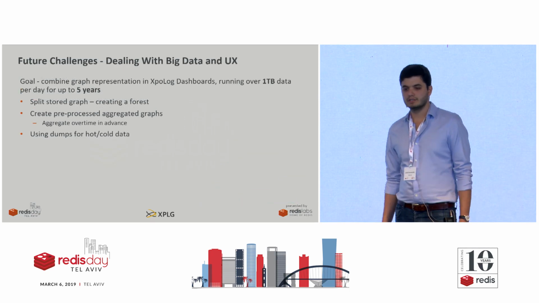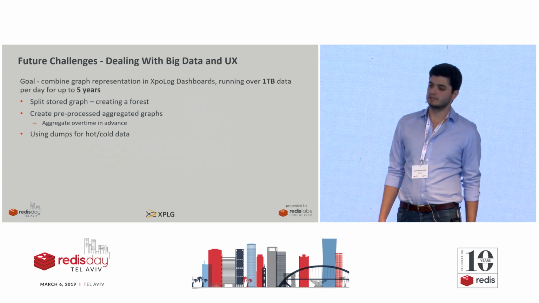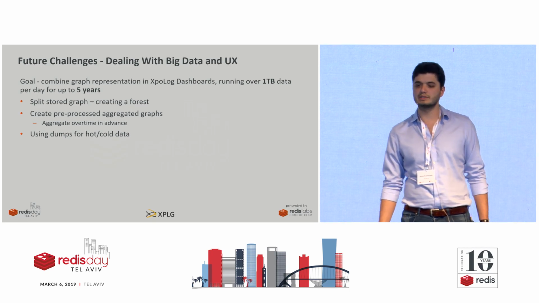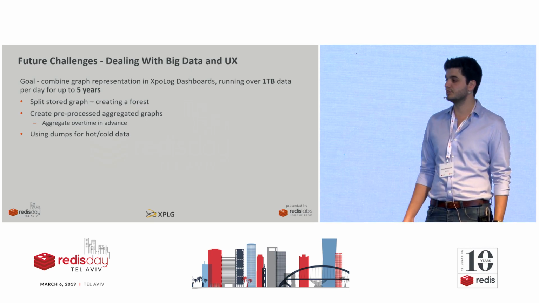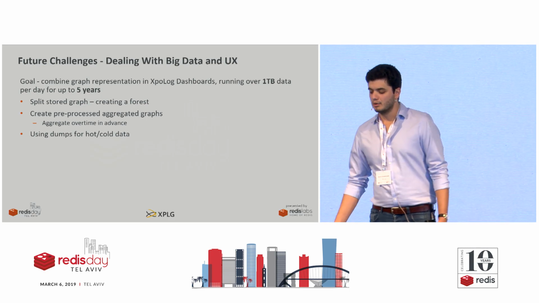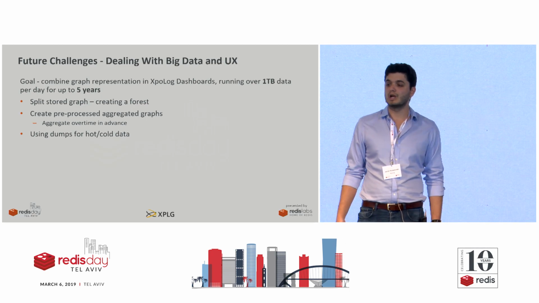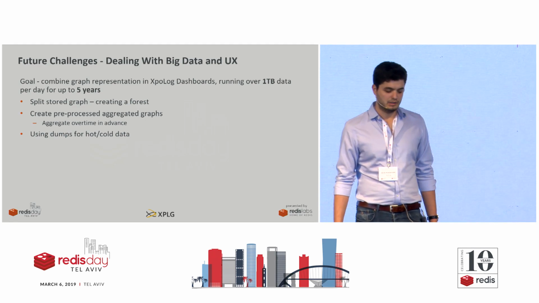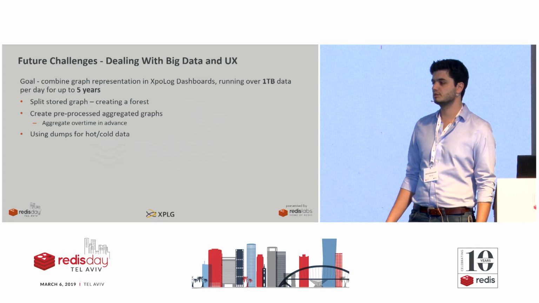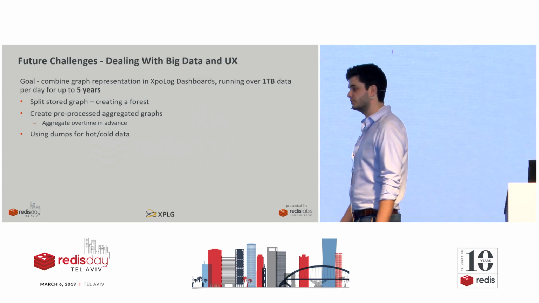Our future challenges are quite interesting for us because we collect a lot of data, and some customers have retention policies of years. This means that we need the graph to be able to run on 1 terabyte of data per day for up to 5 years. We'll probably split the graph into subgraphs and start pre-processing aggregations on top of it.